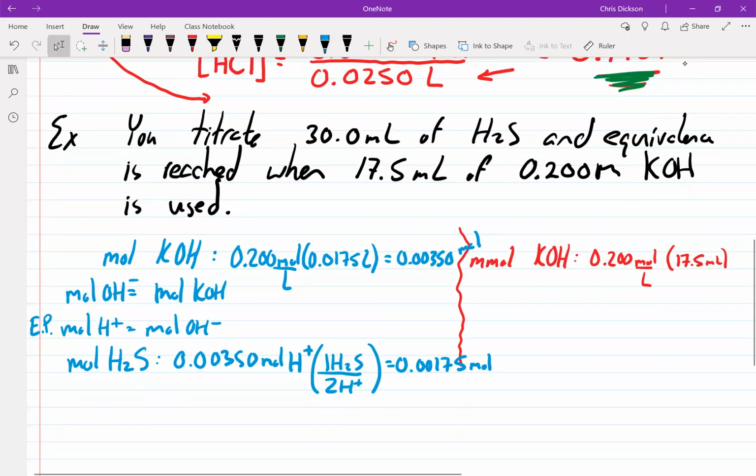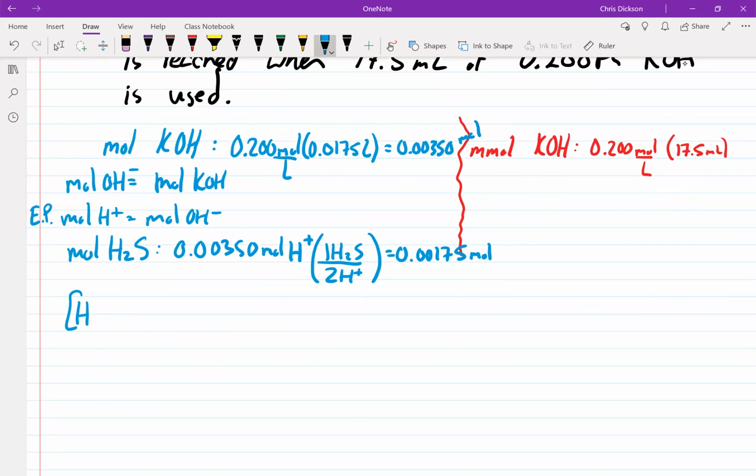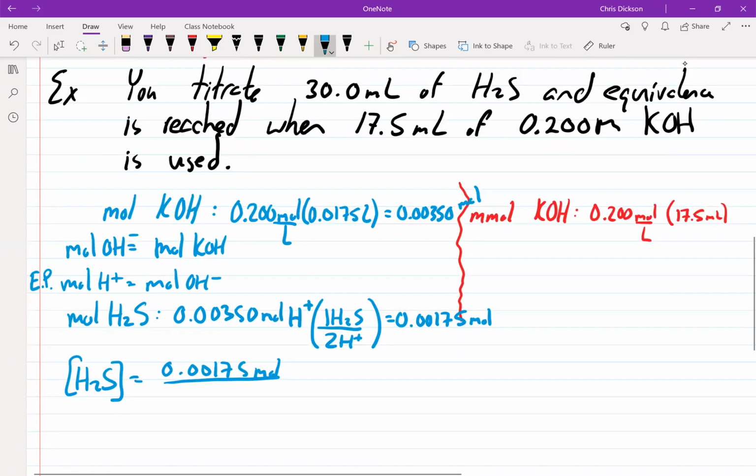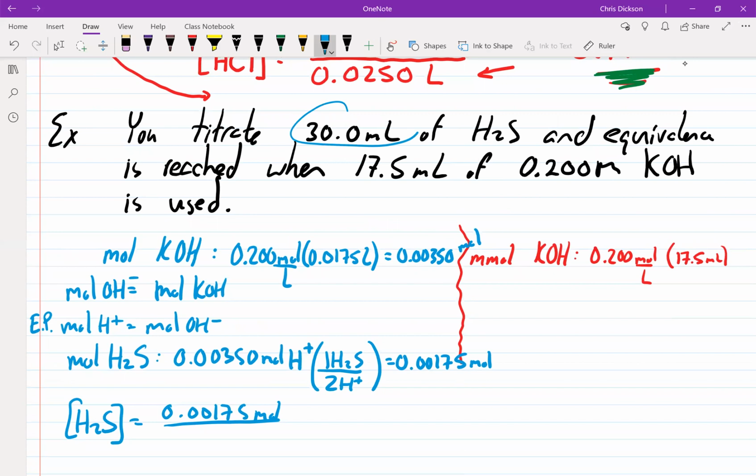So now to find the concentration of the H2S, I would take the number of moles, 0.00175, and I would divide it by the volume of the H2S I used. Now, I used a slightly different setup here. I just basically said you took 30 mils of it. So there was no original sample and then taking a portion of it.